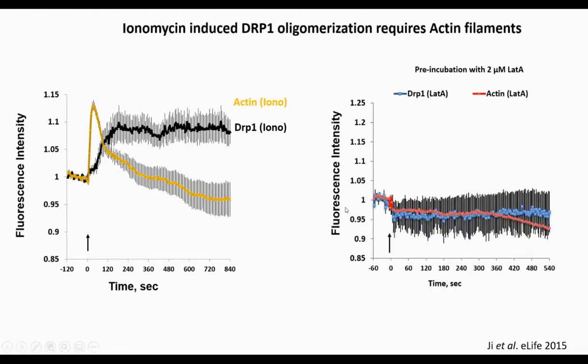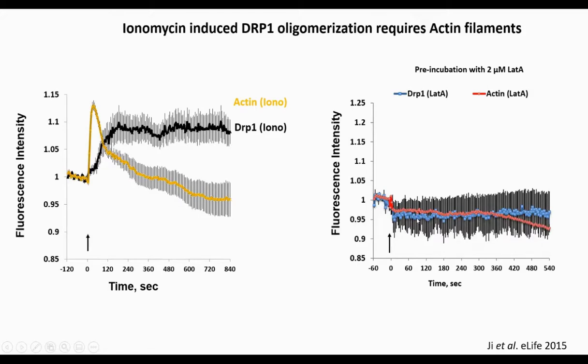What the previous postdoc also found is that if you inhibited this actin filament assembly by using a small molecule inhibitor of actin polymerization called Lat-A, which sequesters the actin monomers and does not allow the filaments to form, so if you add the drug simultaneously with your stimulus, you don't have any actin filament assembly, and then the Drp1 fails to get onto the mitochondria.